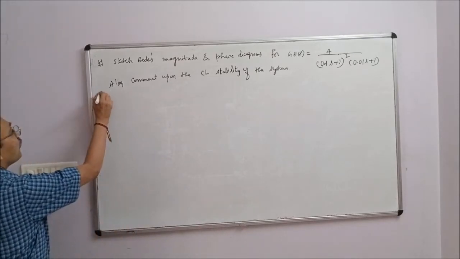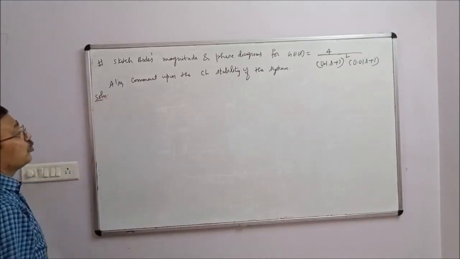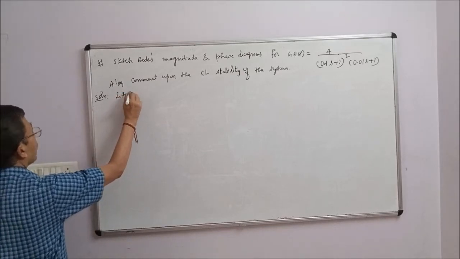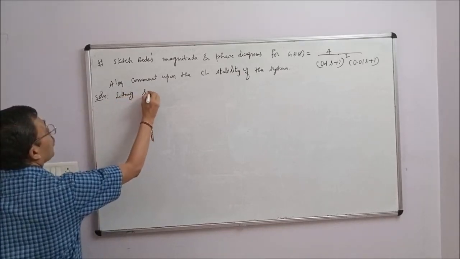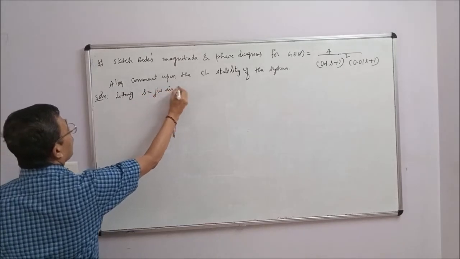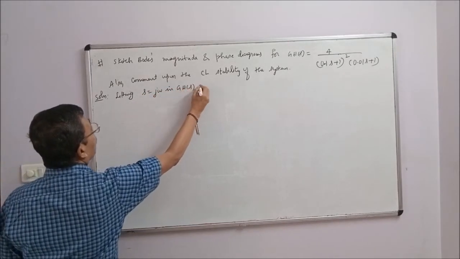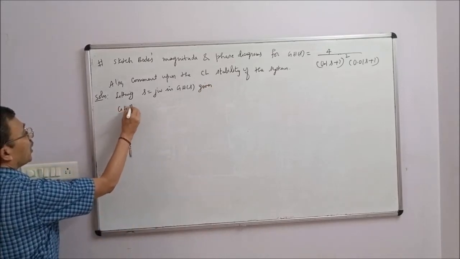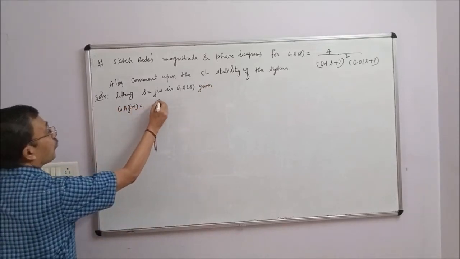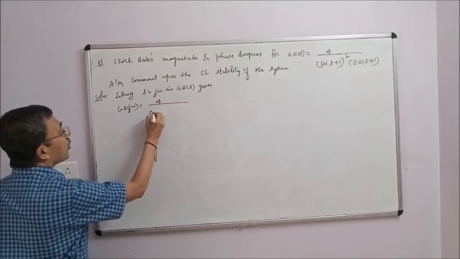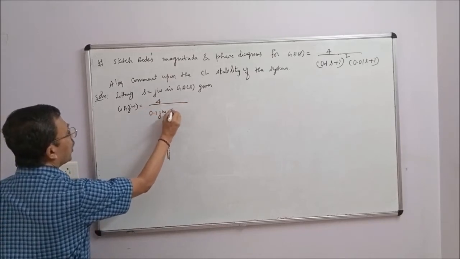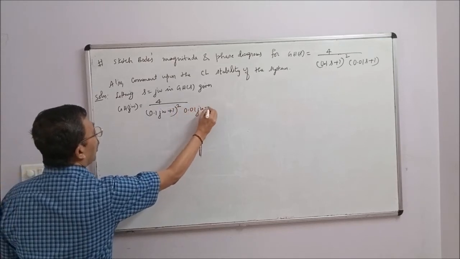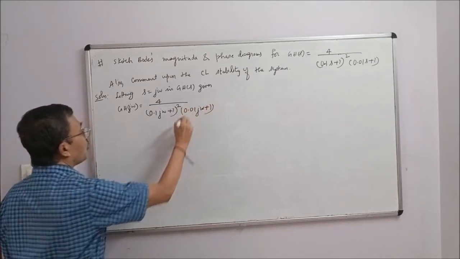Solution. First, put S equal to j omega in GH of S. Letting S equal to j omega in GH of S gives GH of j omega equal to 4 divided by (0.1 j omega plus 1) whole square into (0.01 j omega plus 1).